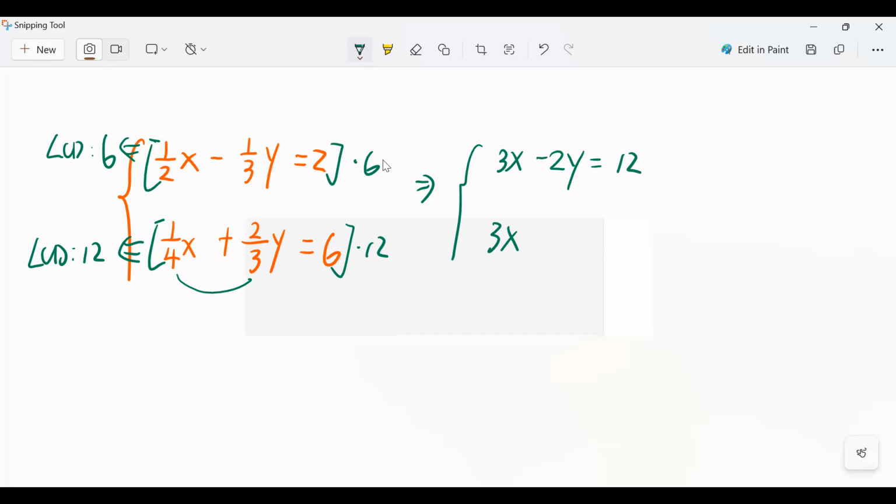And 3 over 2y times 12: 3 goes into 12 four times, and we end up with 2 times 4, so 8y.